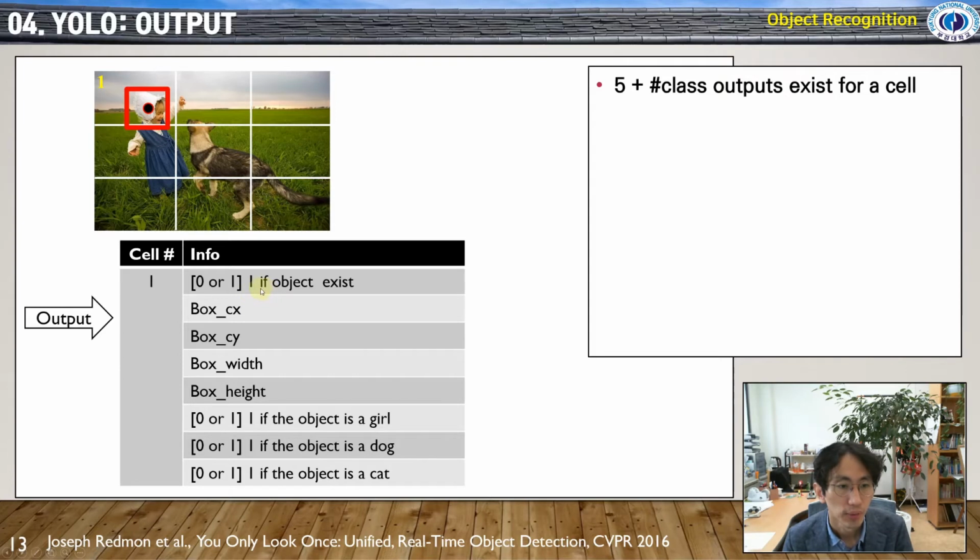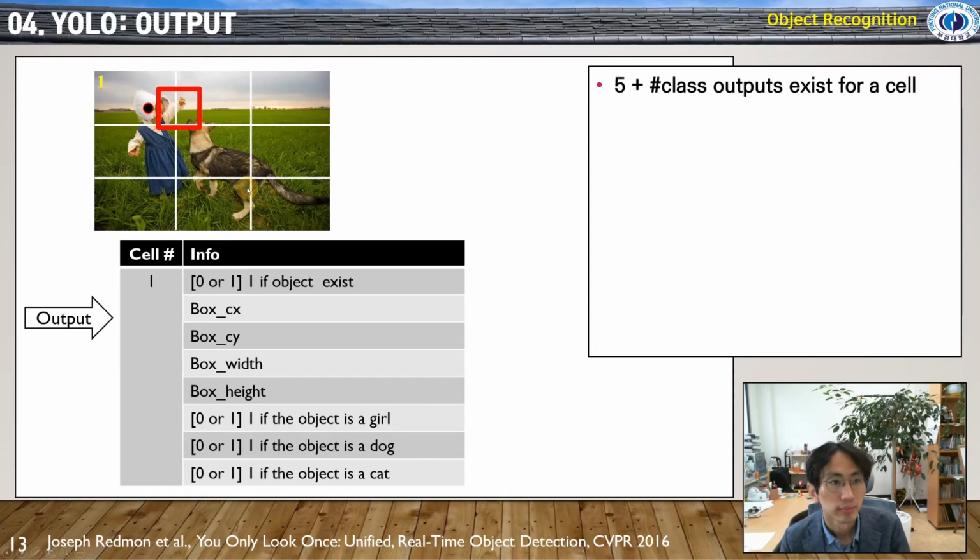If this is 1, then the object exists. It could be 0. For example, box number 3 here has no object, so in that case this value is going to be 0. And if the first value is 0, then all the other information doesn't have meaning. Okay.